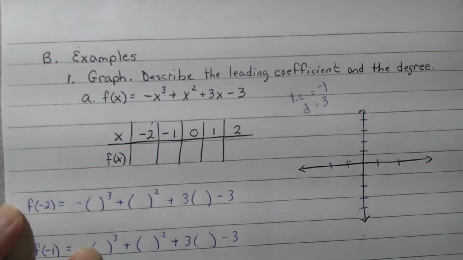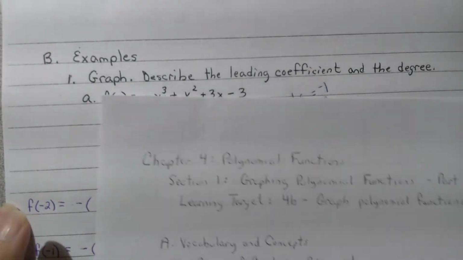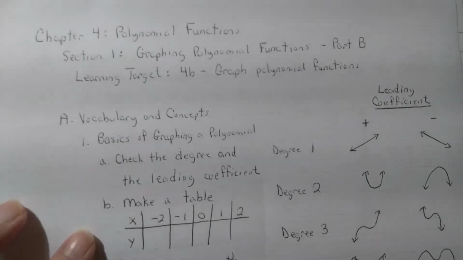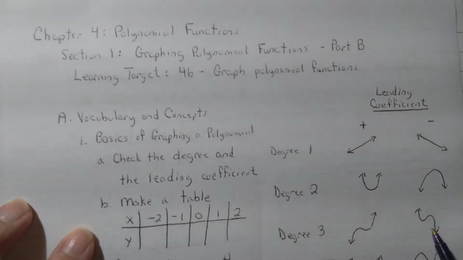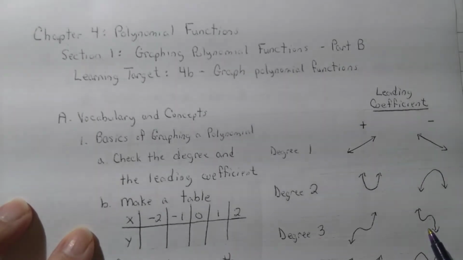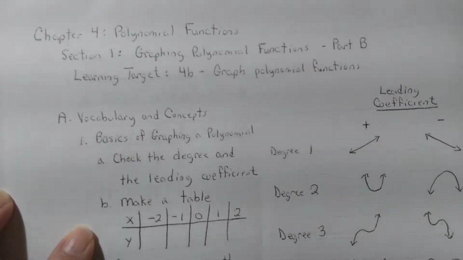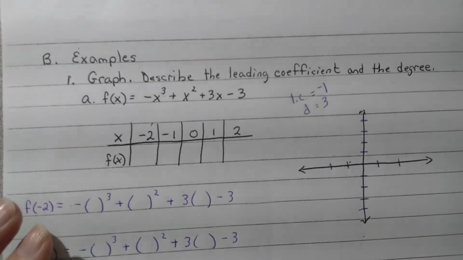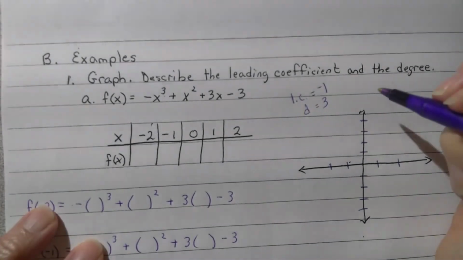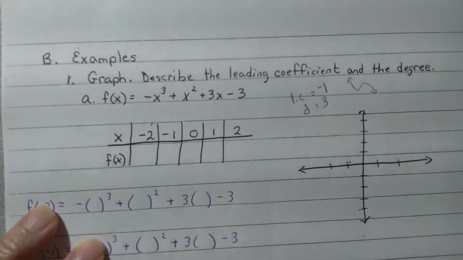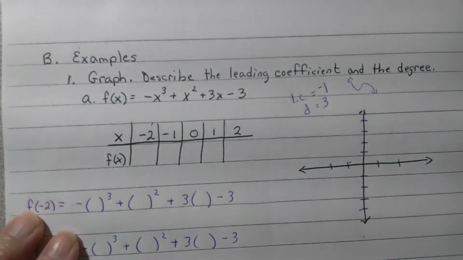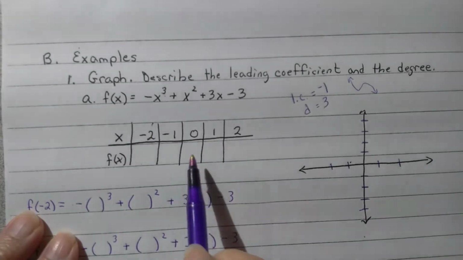From that, I know leading coefficient is a negative, degree 3. I know it's going to roughly look like this. So I'm just going to sketch it to myself so I remember up here basically what that thing's going to look like. And then I'm going to create my own table.